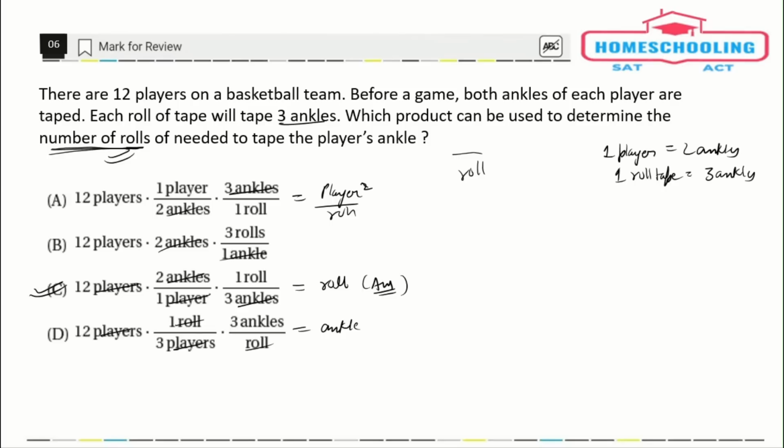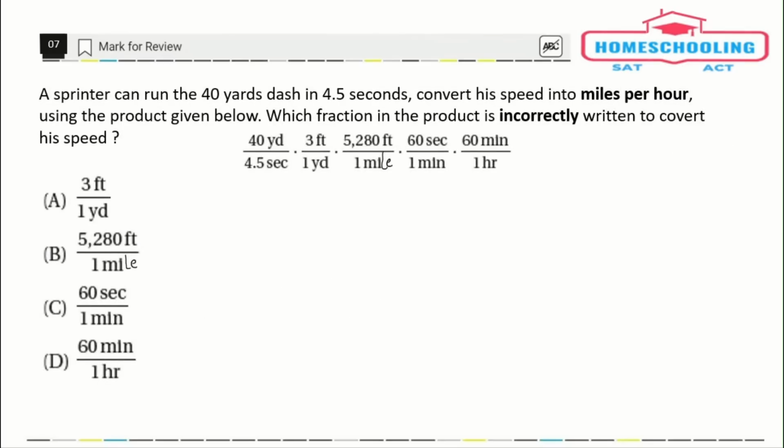Now let's move on to the next question. Question number 7 says that a sprinter can run 40 yards dash in 4.5 seconds. Convert his speed into miles per hour. So the final answer should be in miles per hour using the given product below.